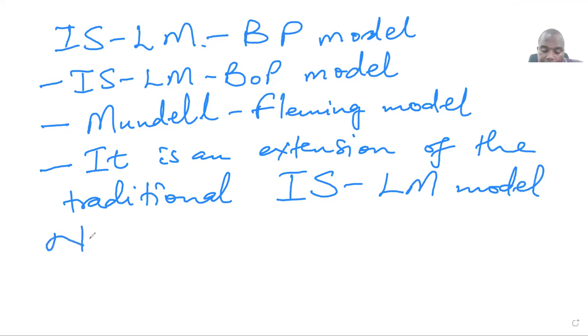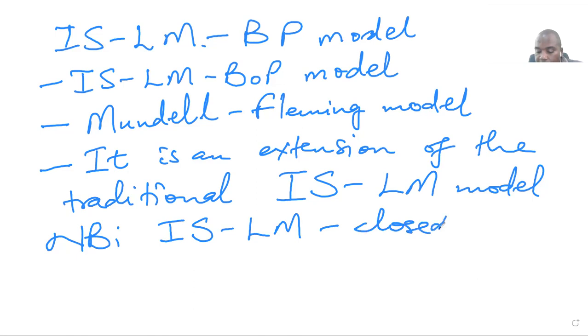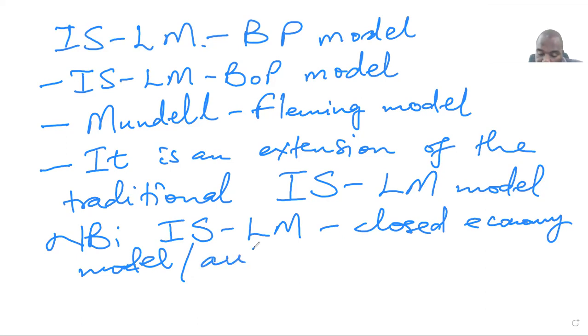I would like to note that the IS-LM model is a closed economy model, or a model which is termed in economics as an autarkic model, a model based on the assumption of autarky. That is an economy which is closed.